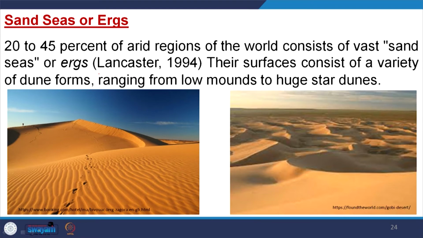Now, come to sand seas or ergs. Sand sea means, if you see, this represents thousands of square kilometers of area covered with sand. So, 20 to 45% of the arid regions of the world consist of vast sand seas, which are called ergs. Their surface consists of a variety of dune forms, ranging from mounds of huge star dunes to ripples.